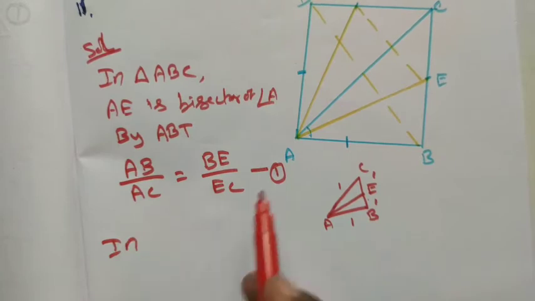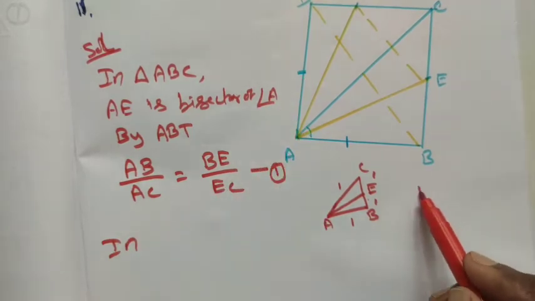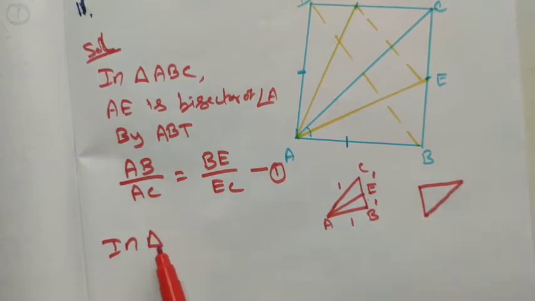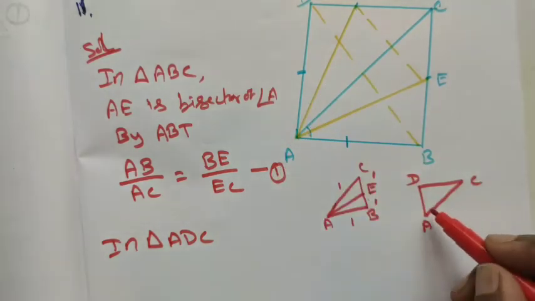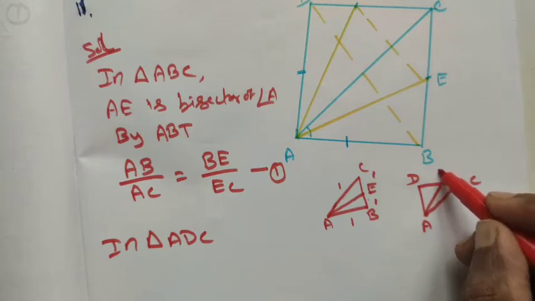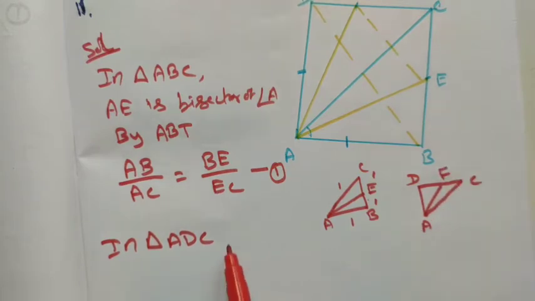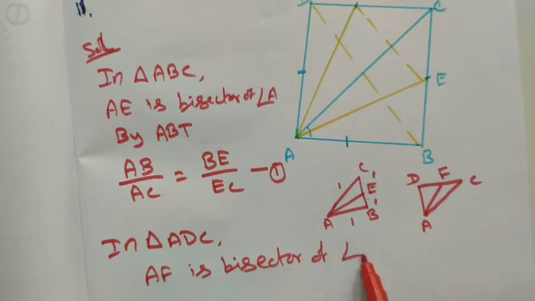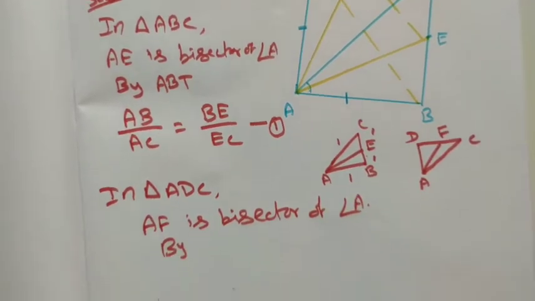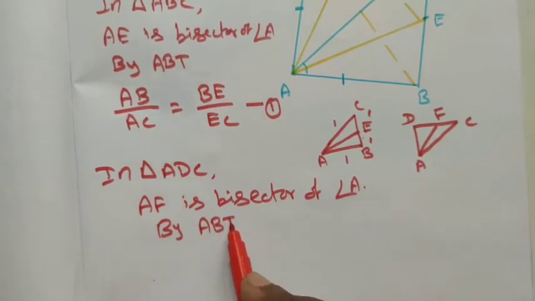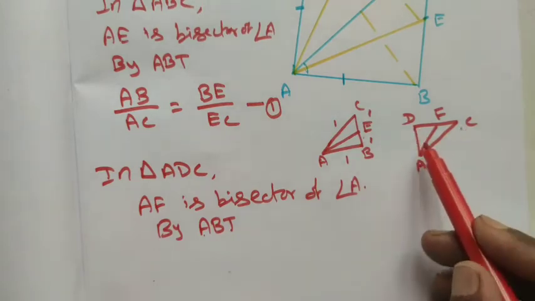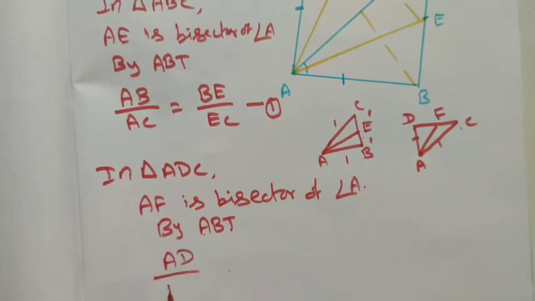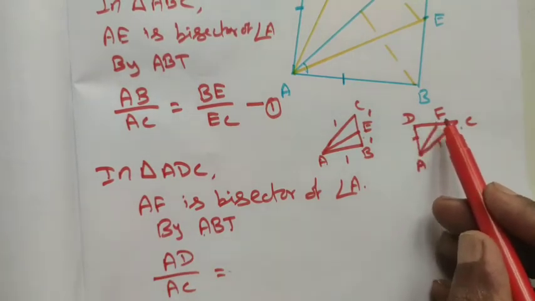Next, in triangle ADC, this is A, this is D, this is C, and AF is the angle bisector of angle A. Using the angle bisector theorem, AD divided by AC is equal to DF divided by FC.